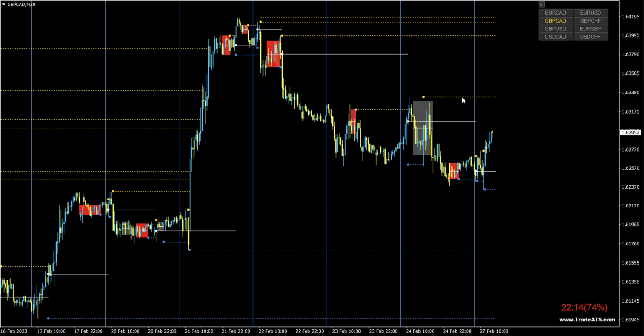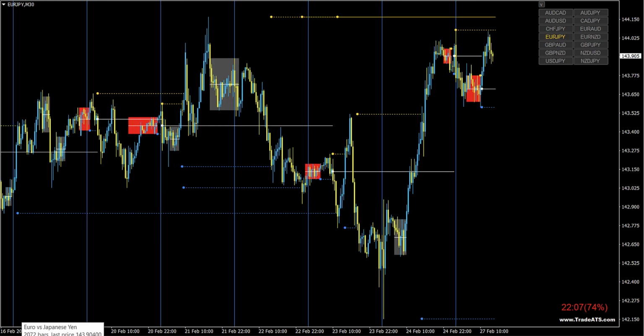So first thing, I have three graphs. Now each one is for a different set of pairs depending on where mostly they get their news and they start moving. So for the Asian session, I have mostly things related to AUD, New Zealand, and yen.